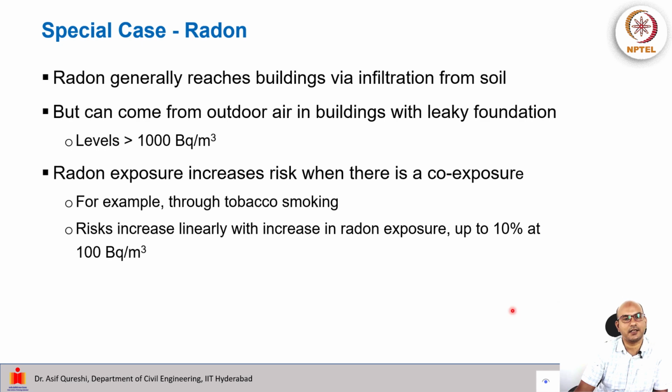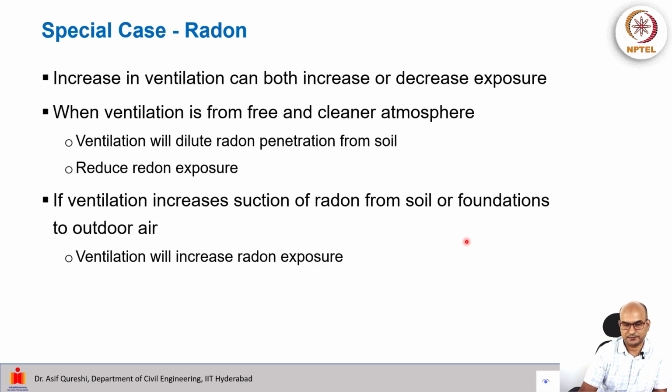So even when the radon level is within the health-based guideline, when a person who is smoking tobacco is exposed to this radon, which is still within the WHO limit, there is still a 10% increase in risk.